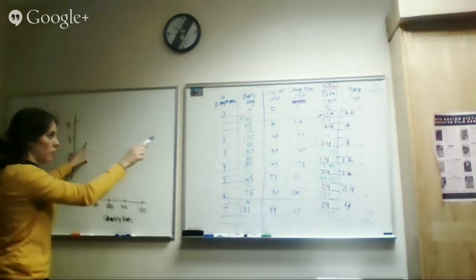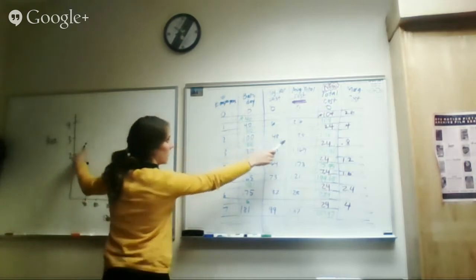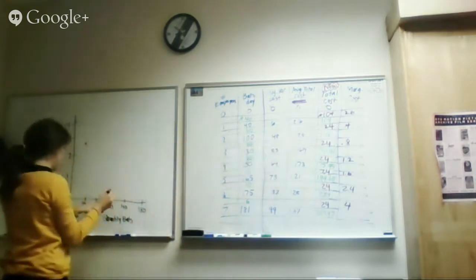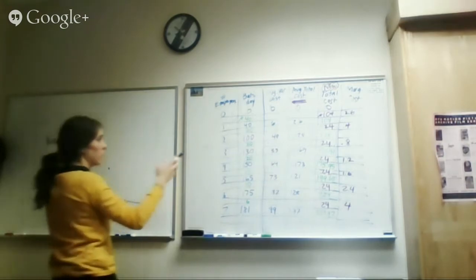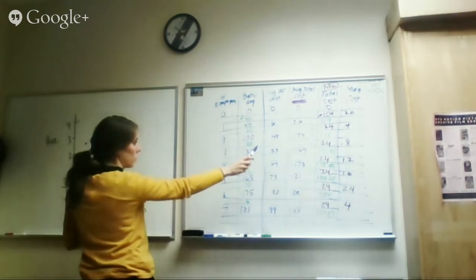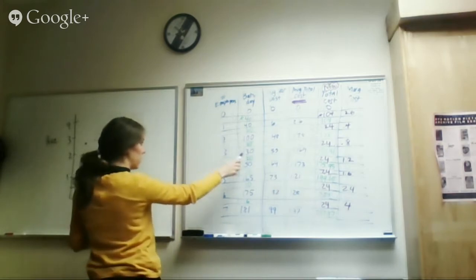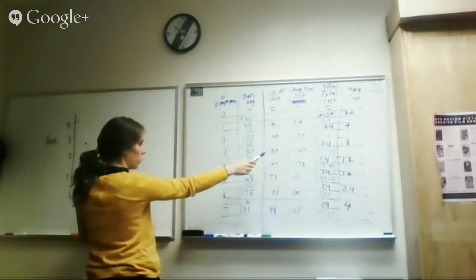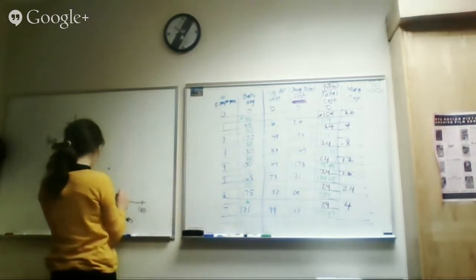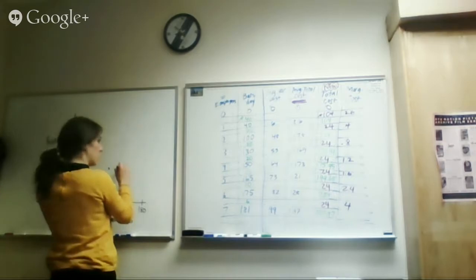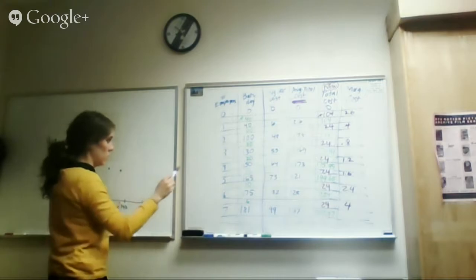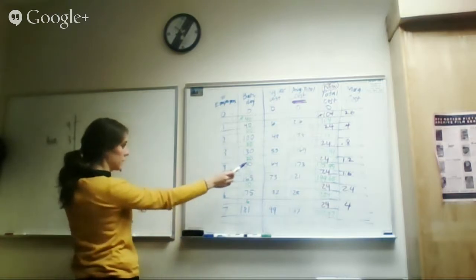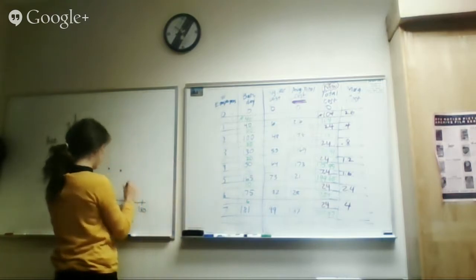When I have 100 bats per day, I'm going to have an average total cost of about 1.28, so about right here. When I have 130 bats per day, I'm going to have about 1.169. 150 bats per day, it's going to be 1.173.